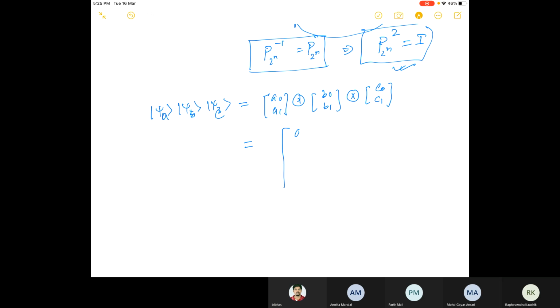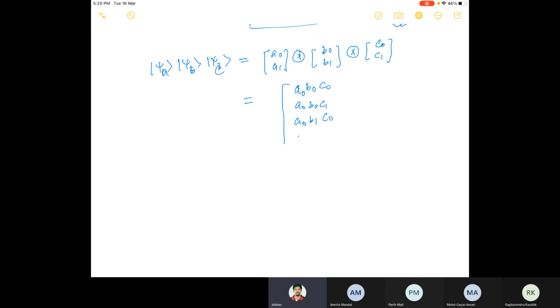I think you should know this definition, so let me just write it down: a0 b0 c0, a0 b0 c1, a0 b1 c0, a0 b1 c1, then a1 b0 c0, a1 b0 c1, and a1 b1 c0, a1 b1 c1. This is the vector representation of this.